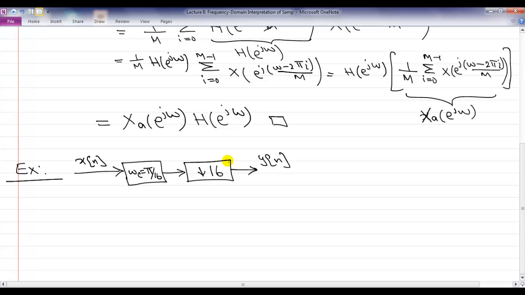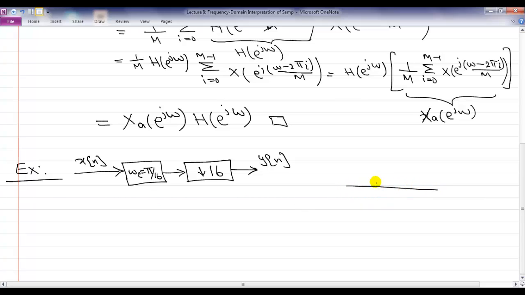So how can I use that identity that I have just proved? What I will do is I will break this low-pass filter into two pieces.